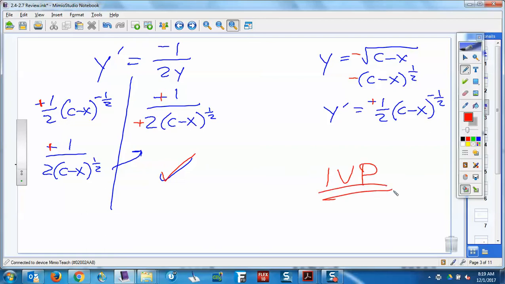Some of you may have seen that in the homework, the section 2.6 problems. An initial value problem is what that stands for. And like it says, it's got an initial value. All that is a differential equation plus an initial condition. It's just a differential equation with an initial condition added in.